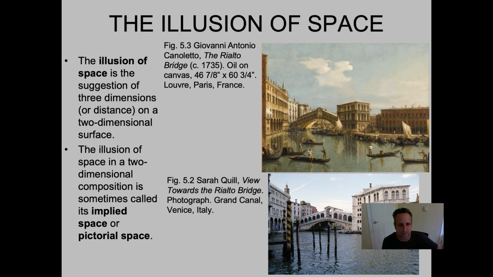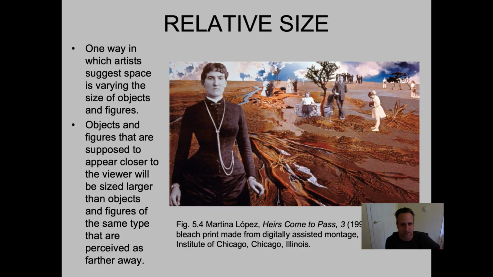It's not until the Renaissance that artists really mastered the science of perspective. And here we have a drawing or a painting and a photograph of the same thing. It's the illusion of space. It's flat. So we can create illusions of space in different ways.